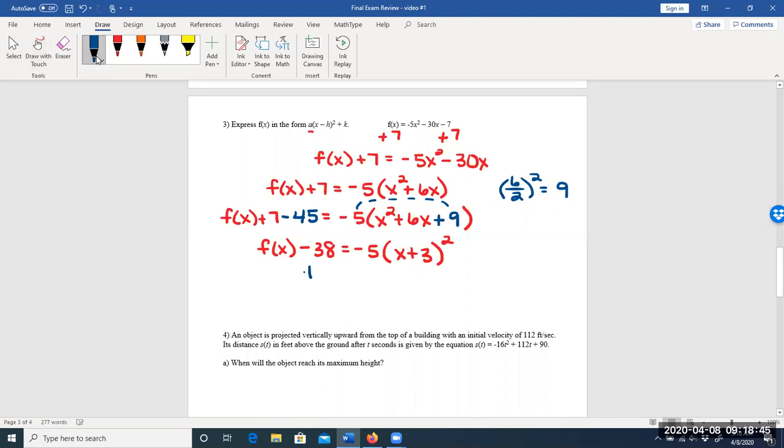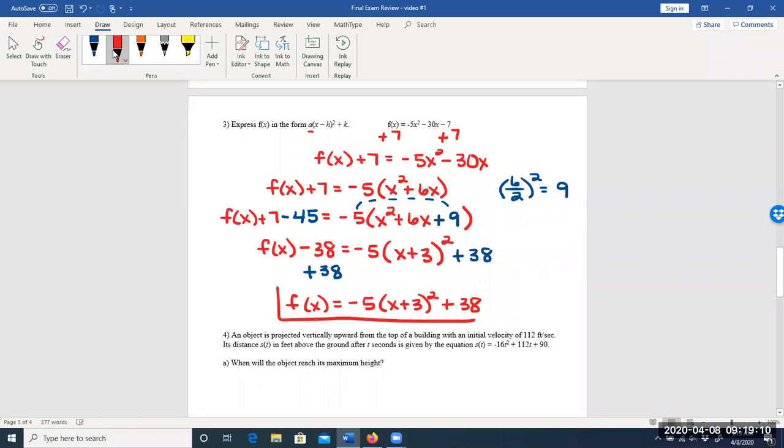I need to add the 38 to both sides to isolate f of x. And so my equation is f of x equals negative 5 times the quantity x plus 3 squared plus 38. So this is the quadratic function in vertex form.